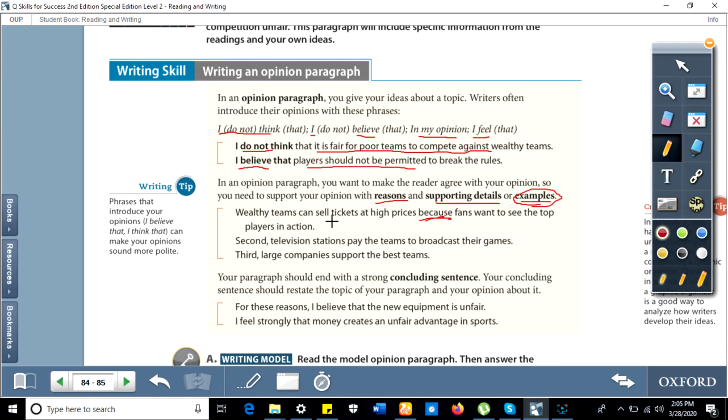So that's how he gave one example about last year. I'm just giving you the idea of how you can actually add examples with your reasons, right?